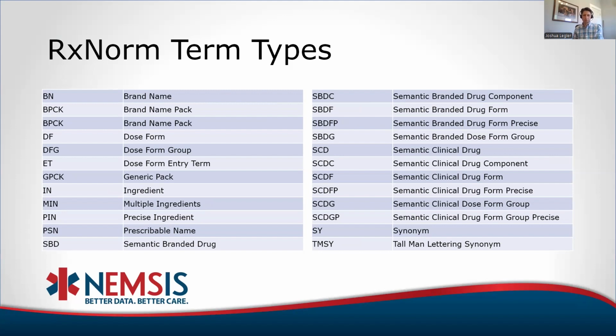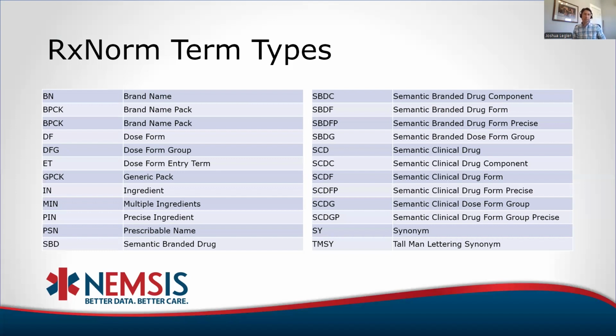It might be oral, or it might be IV, whatever, and they're going to take it every so often. So it gets very specific in terms of these different types of terms that RxNorm supports, so that a doctor can prescribe a very specific medication.